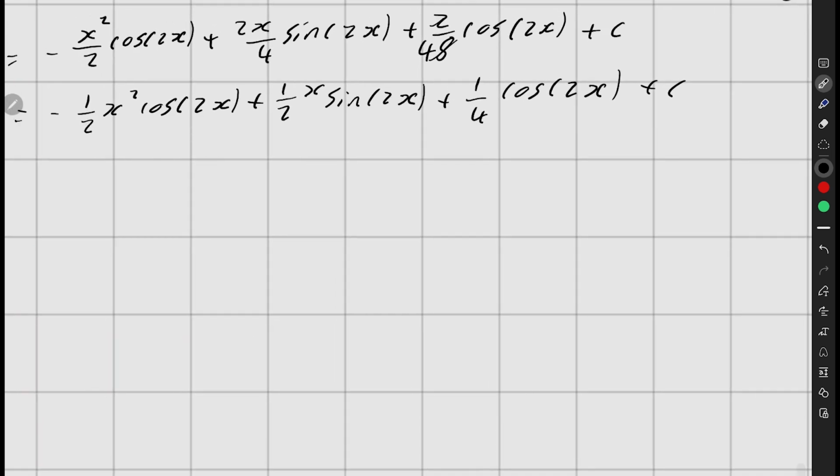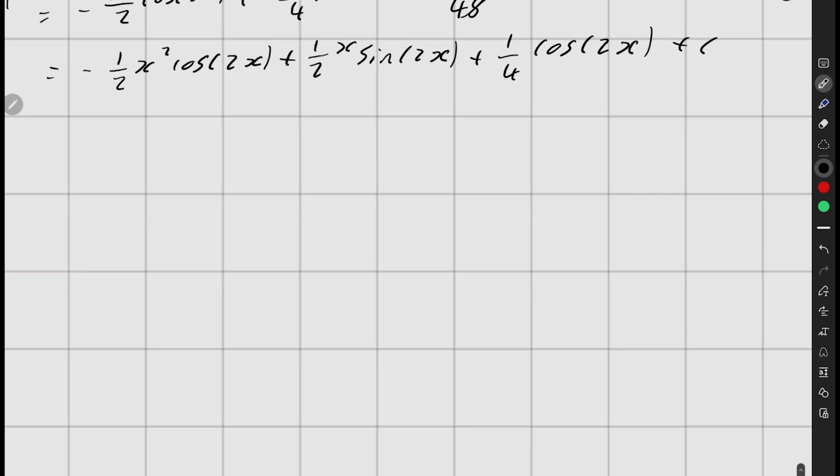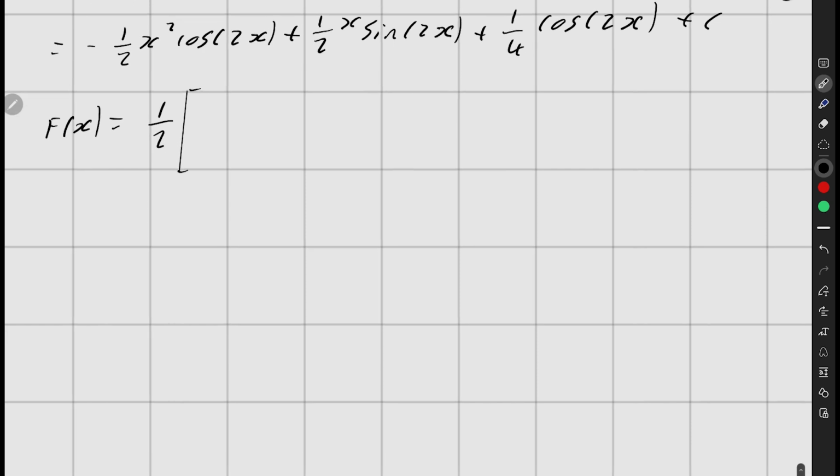And we can take out a 1 over 2. So you can say our final answer is going to equal 1 over 2, with some square brackets in there. Since this is positive, we'll put this first, so that's just going to be x sine of 2x, just to make it look a bit nicer.